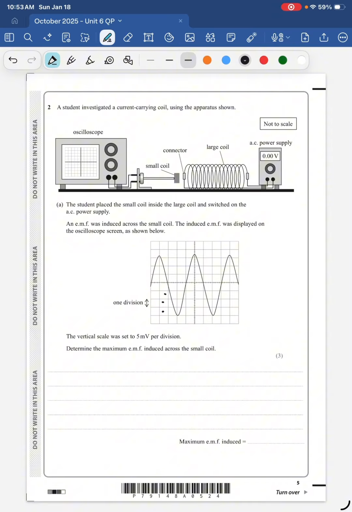So we have 1, 2, 3, 4, 5, 6, 7. 7 point something pretty much.